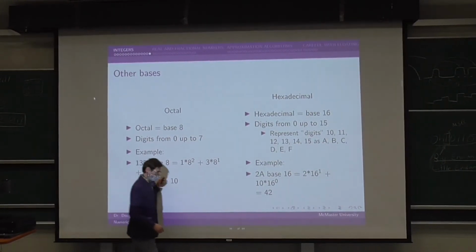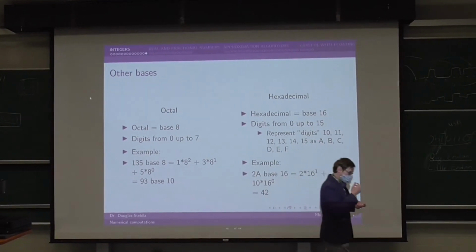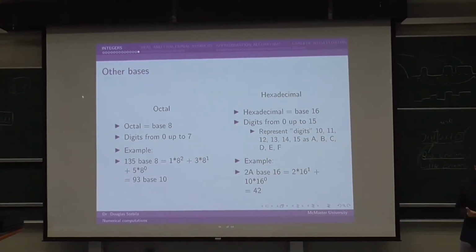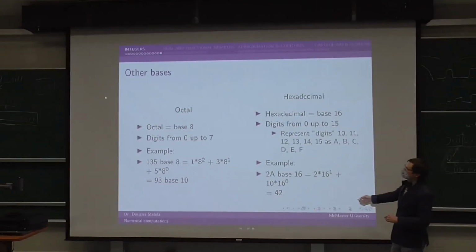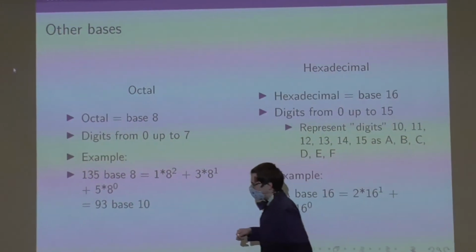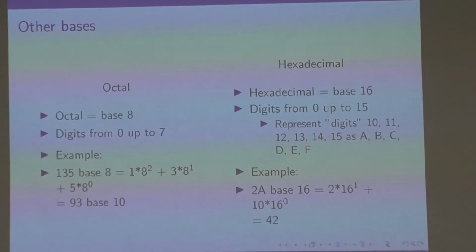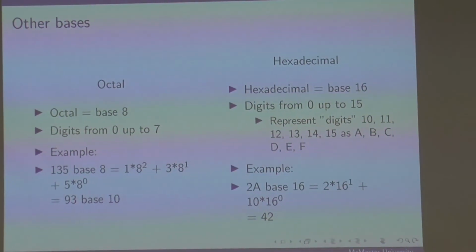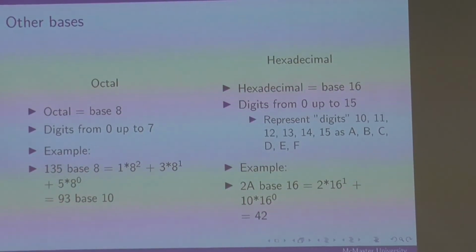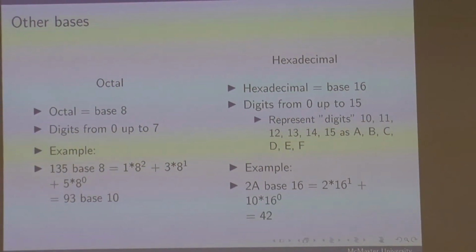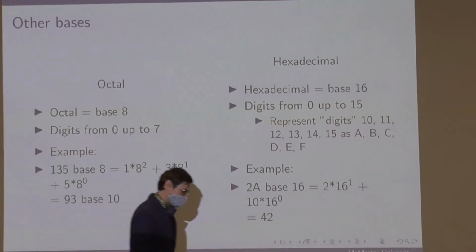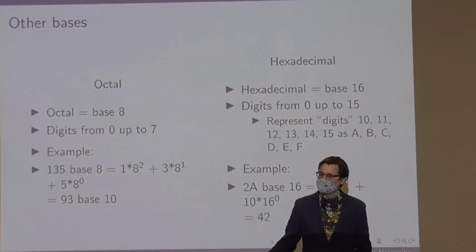So octal is thinking along the same lines, but it's much less useful and used than hexadecimal. Octal is a group of 3 digits. The numeric digits of octal representations run from 0 to 7.